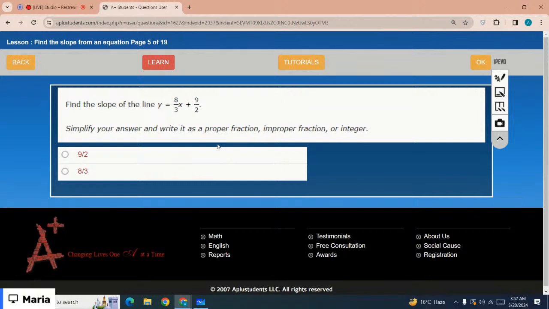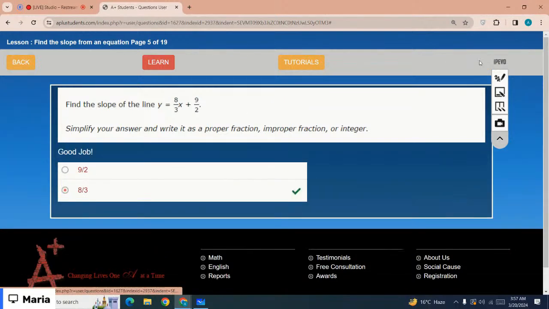Find the slope of the line y equals 8 by 3x plus 9 over 2. So which is the correct option? The correct option is 8 over 3. Option number 2 is the correct option.